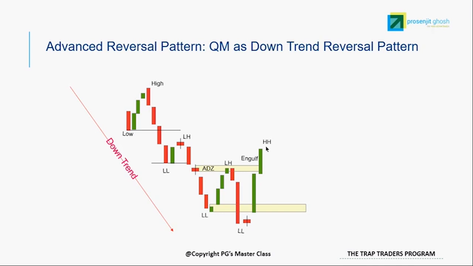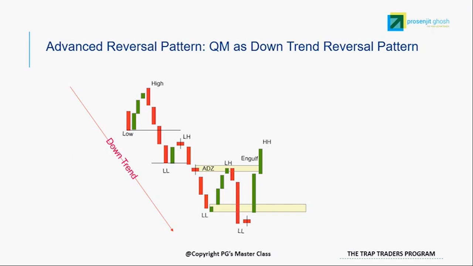Once it happens, the base candle at the low can be marked as a QM level and extended on the right. And this is a wonderful place to trade, and this is basically a trend reversal signal.